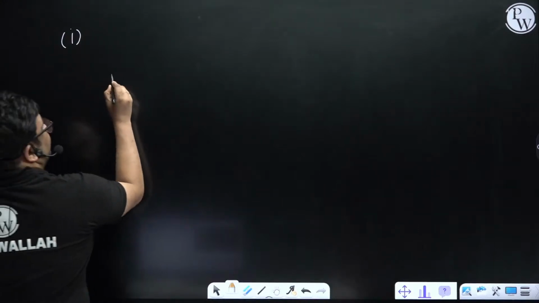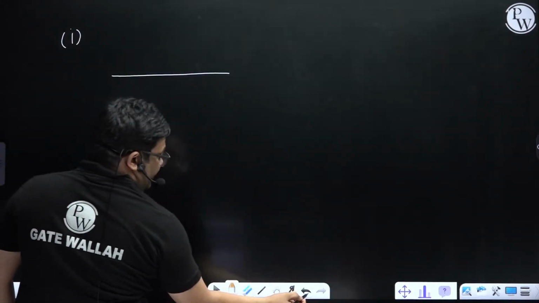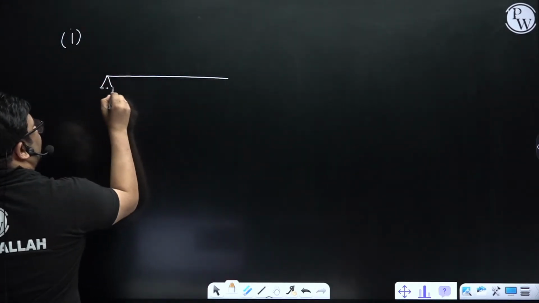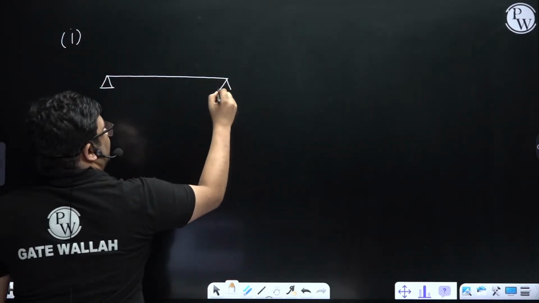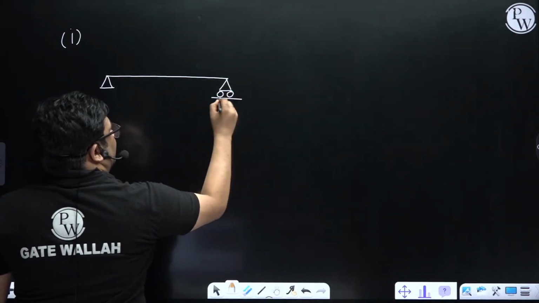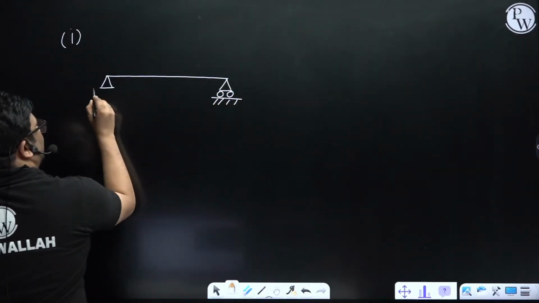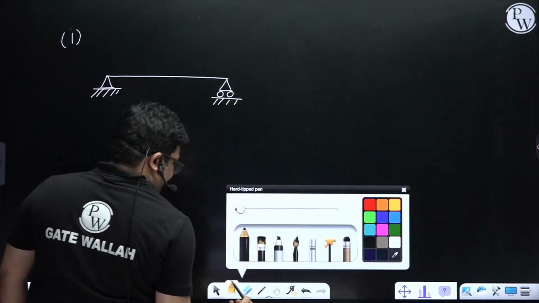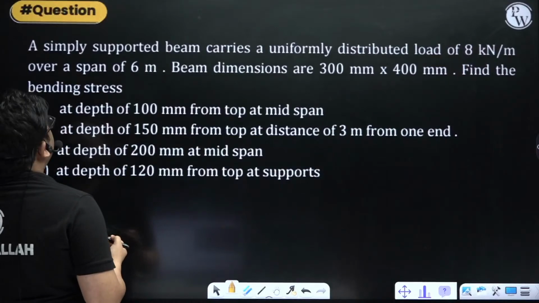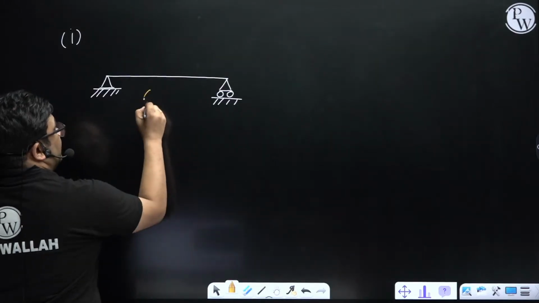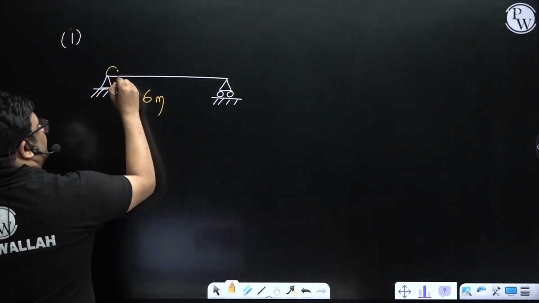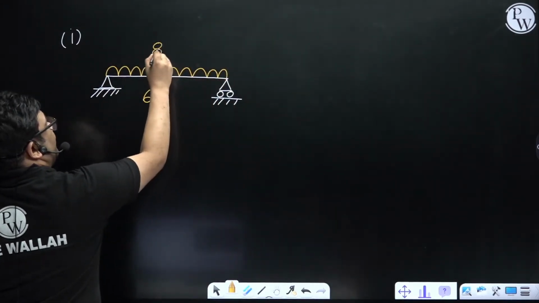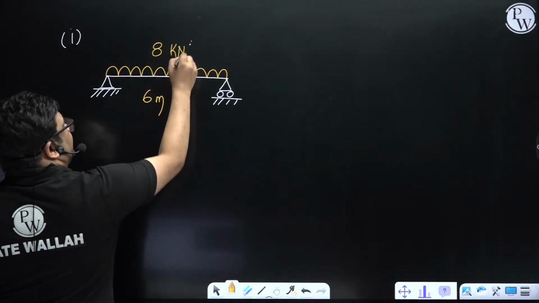So first of all, it is a simply supported beam. UDL is acting, 8 kilonewton per meter over a span of 6 meter.